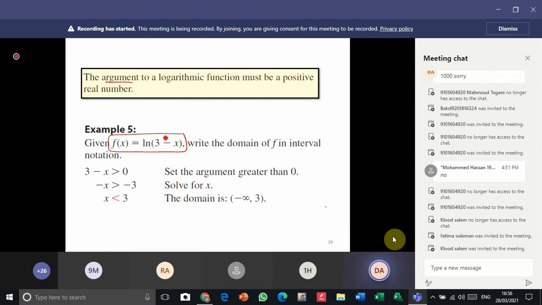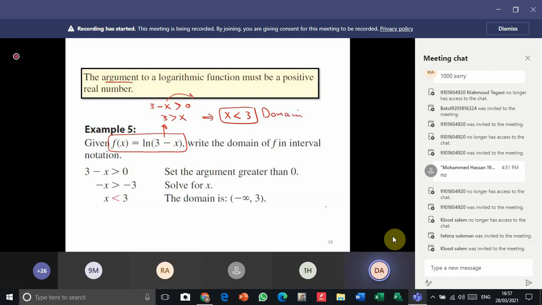The domain: 3 − x must be positive, greater than 0, because 3 − x is inside the logarithm, and any value inside the logarithm must be positive. So 3 − x must be greater than 0. Now move the x to the other side, so we have 3 greater than x. So we can conclude x less than 3. This is the domain.